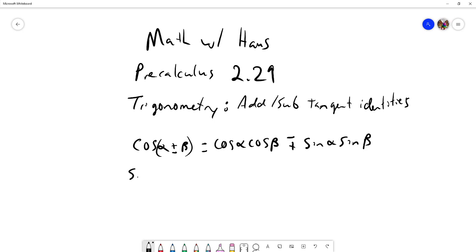And we learned that sine of alpha plus or minus beta is equal to sine alpha cosine beta plus or minus sine beta cosine alpha.